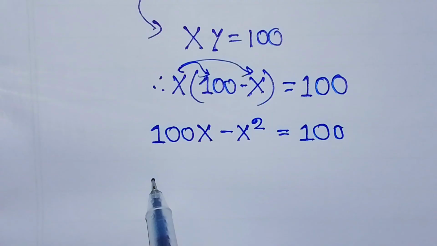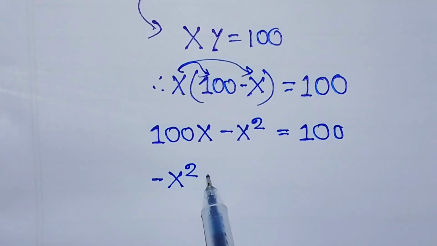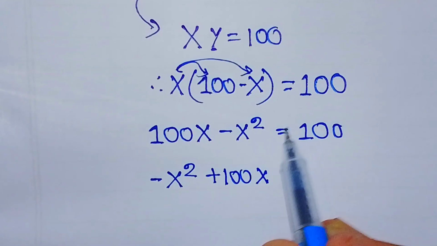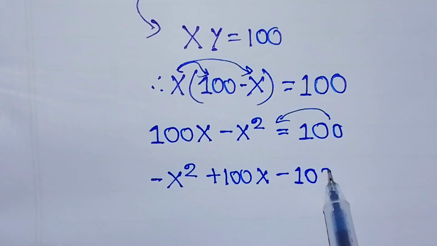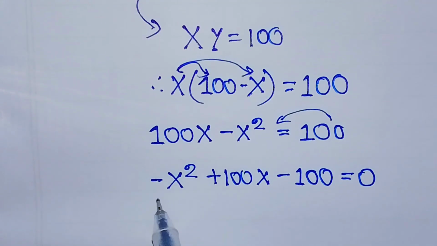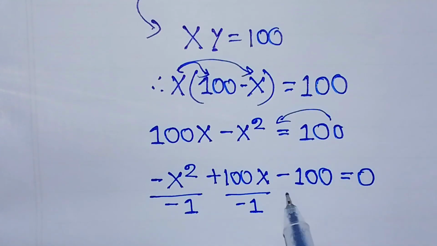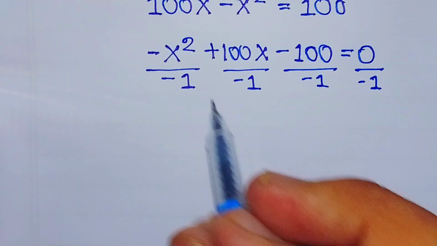So now we write minus x square plus 100x minus, this will be moved from the right side, 100 is equal to 0. Now we will divide both sides by minus 1. Then we will get the perfect quadratic equation from this.